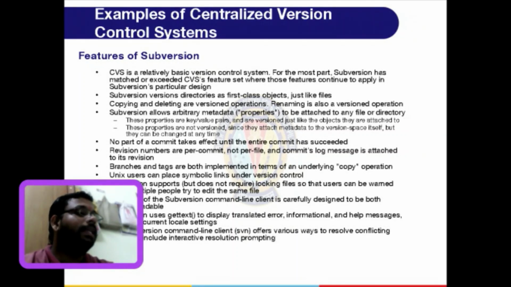Subversion uses gettext to display translated error, informational and help messages based on current locale settings.